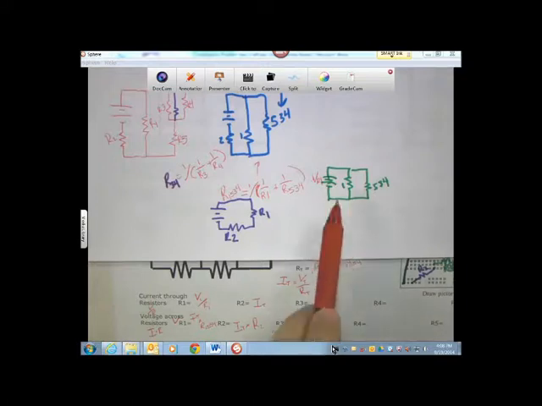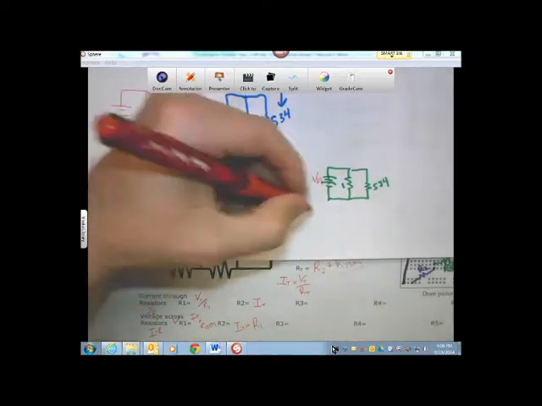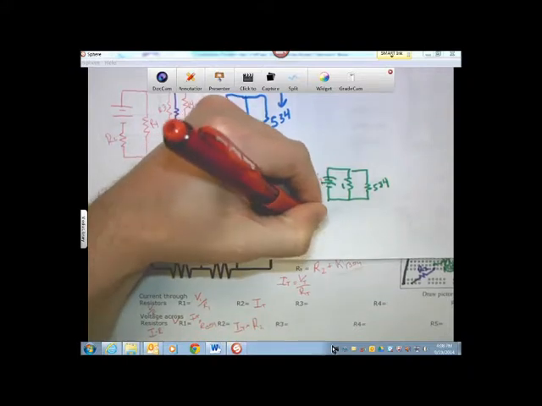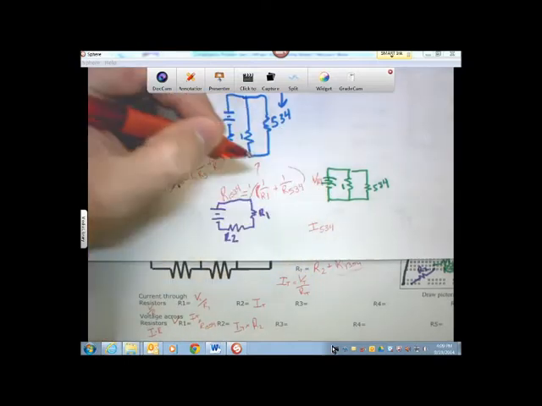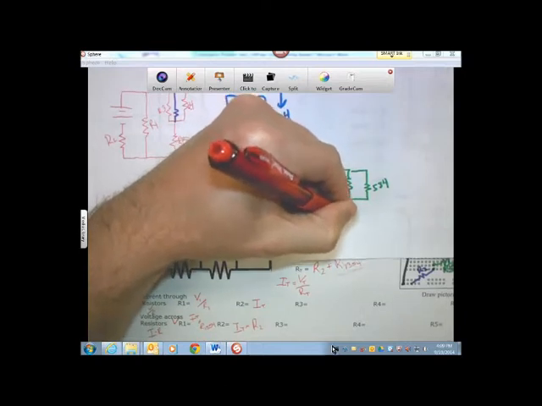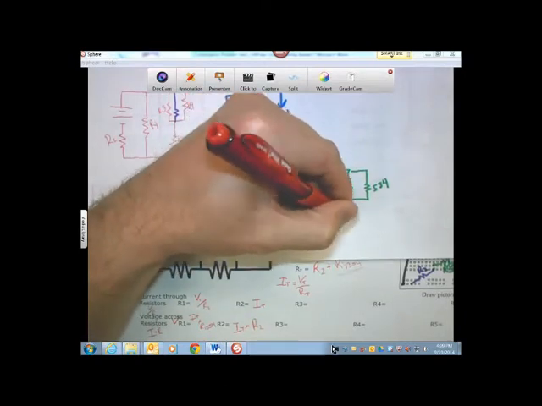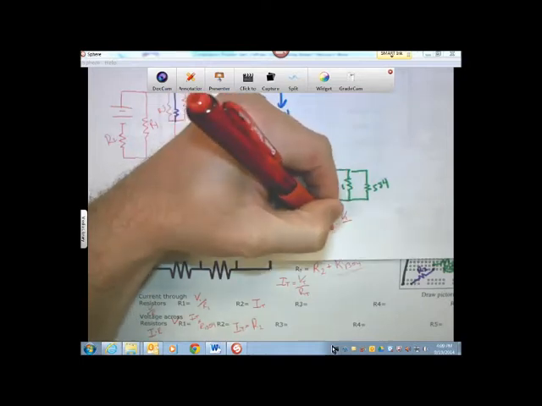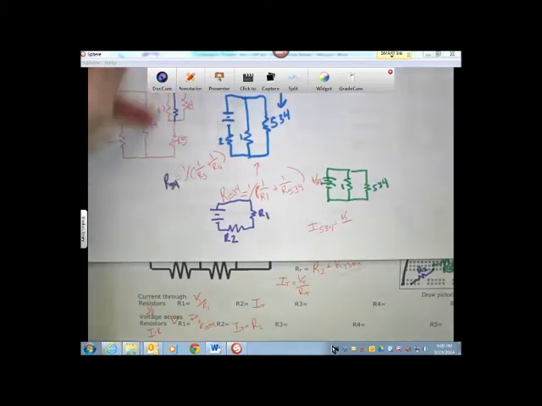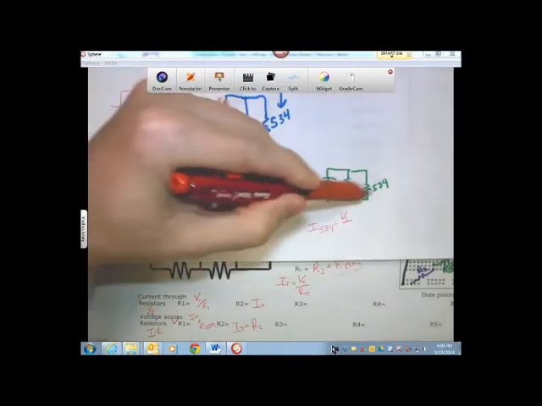And so I can determine the current that goes through branch 1 by using that same voltage of 1, 3, 4, 5 over R1, and the same thing for I of 5, 3, 4, which is going to be equal to V of 1, 3, 4, 5 over R, the resistance for that branch, because it's a parallel branch, so it looks much like this.